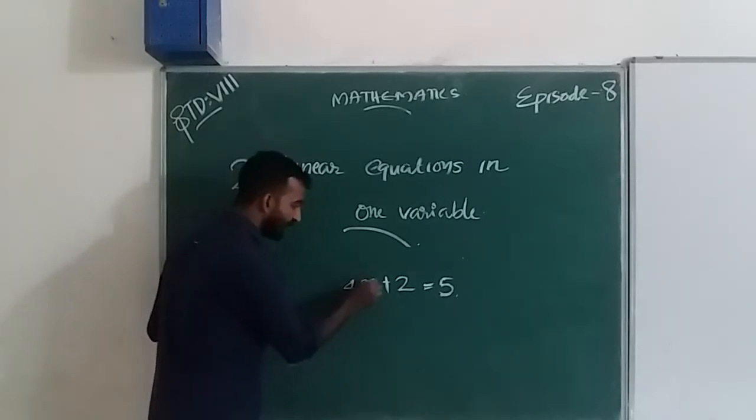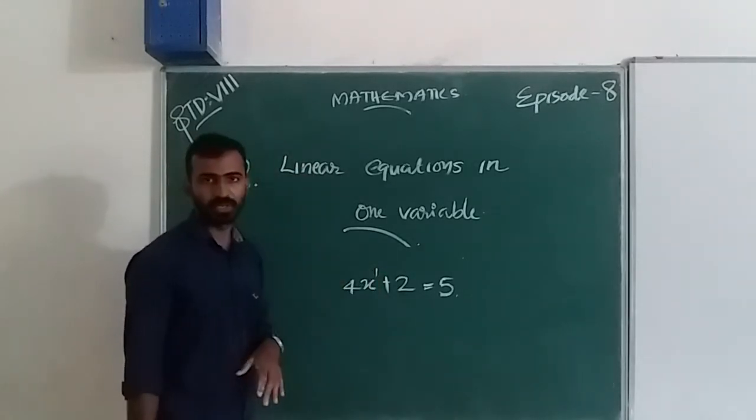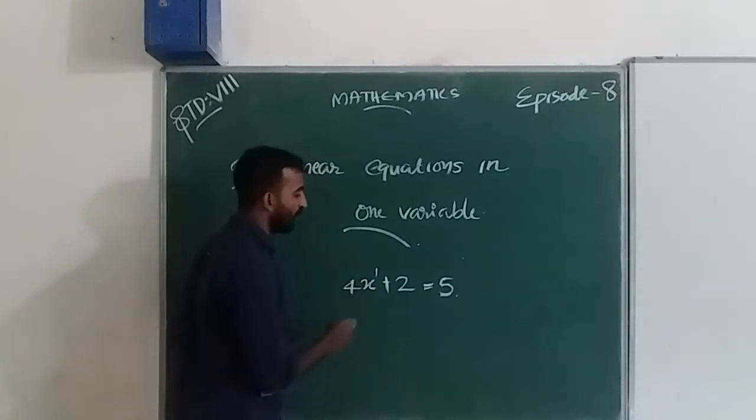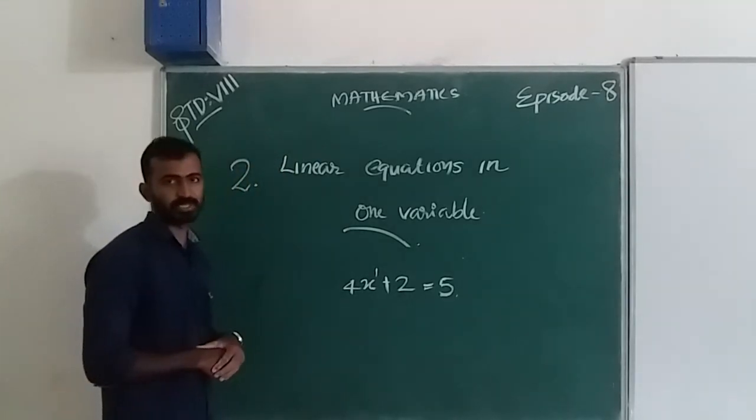Here we can find the power of x is 1, that is, the degree is 1. When we solve, we find the value of x. That is what we are going to discuss.